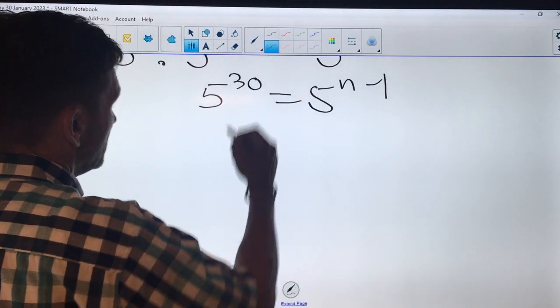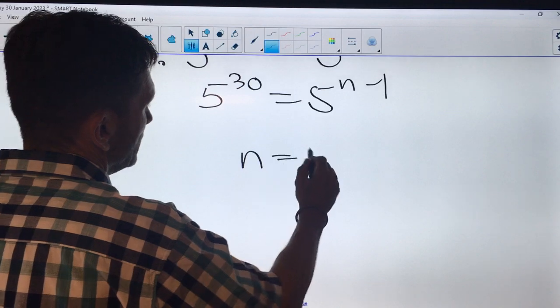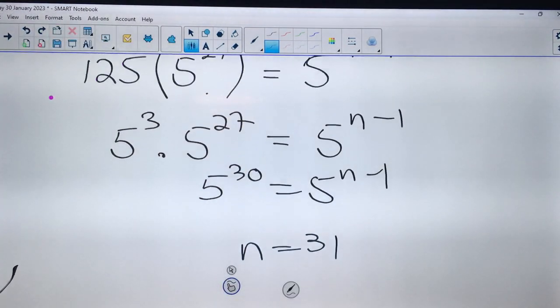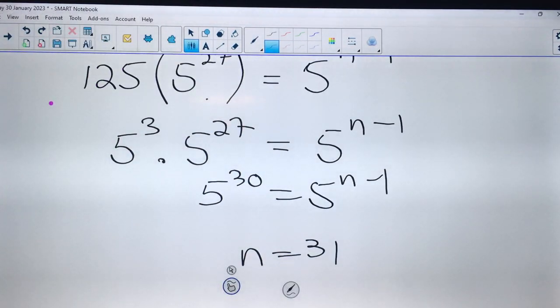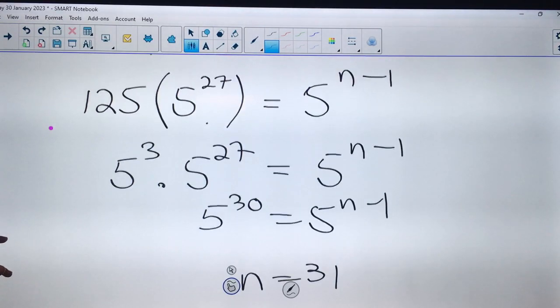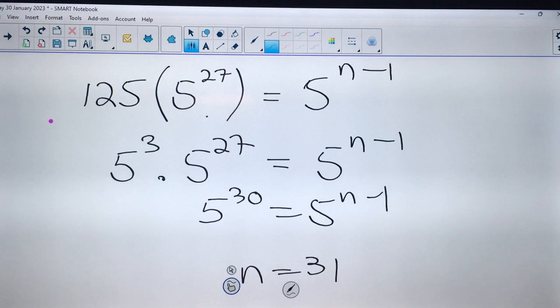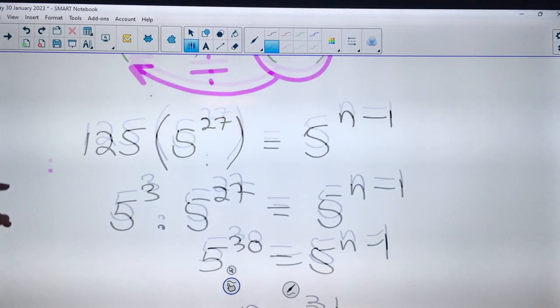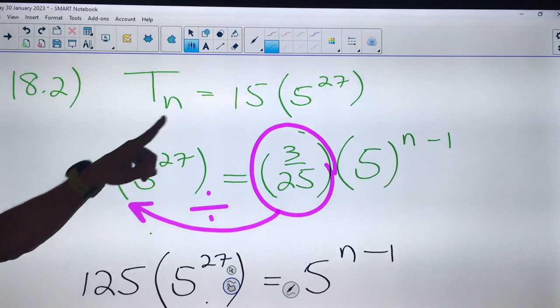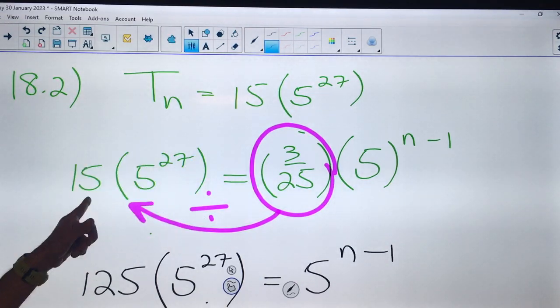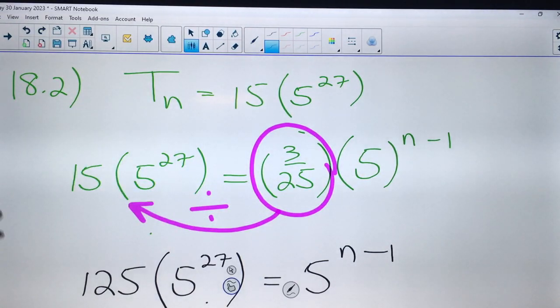And if we take that across to that side, we'll get n equals 31. So in most cases you can use the calculator, but when the number is given like this, there is a reason for that. So what does that mean? That the 31st term is equal to 15 times 5 to the power of 27.